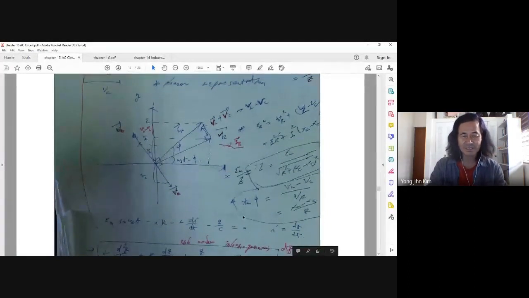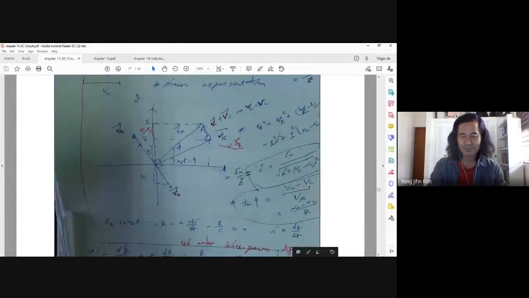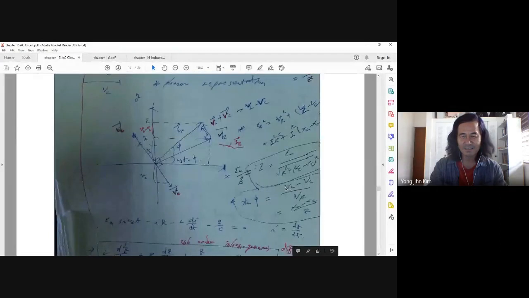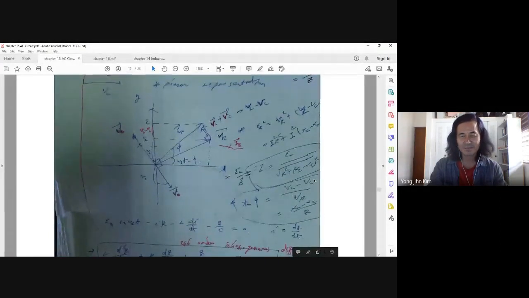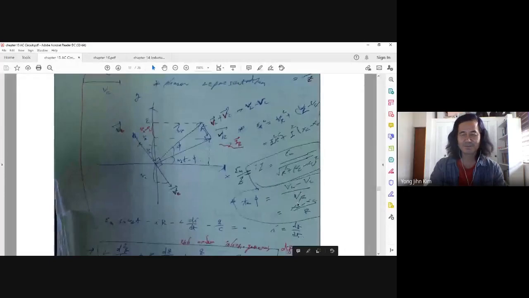Tangent phi is VL minus VC over VR, and these are amplitudes. So this one is I times XL, and the current amplitude cancels. So tangent phi is XL minus XC over R. So the problem is solved.